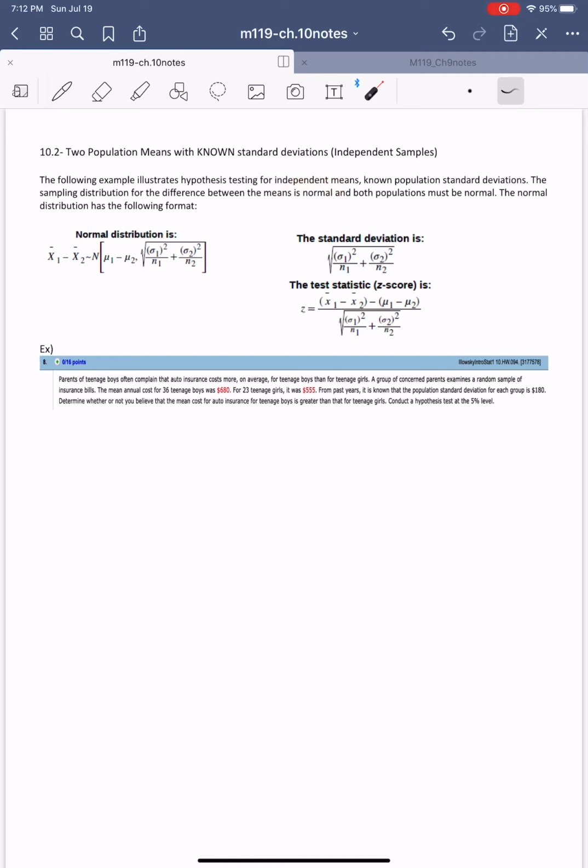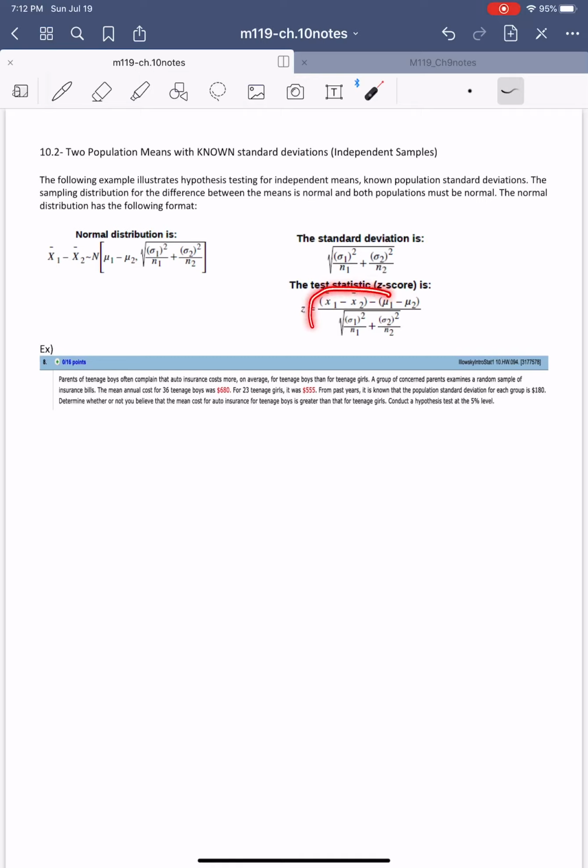So your notation will be normal. This first part represents our mean value. The second part represents the standard deviation. Notice that I'm not using S anymore because population standard deviation is given, so you use a sigma value. Test statistic is now z-score because it's a normal z.